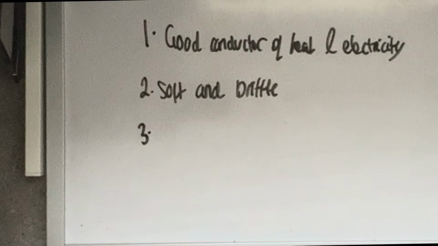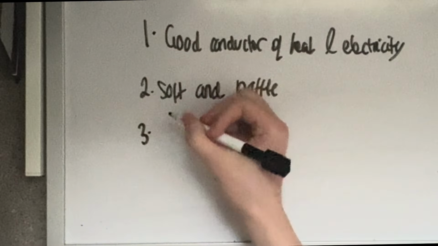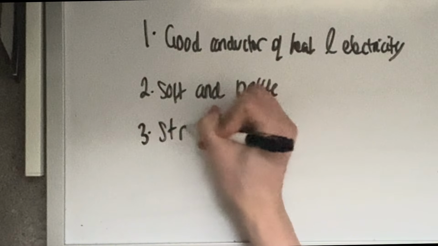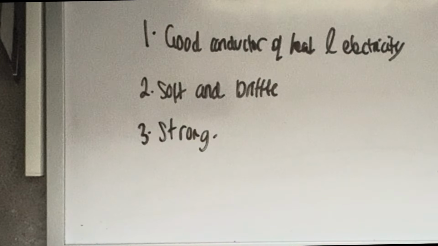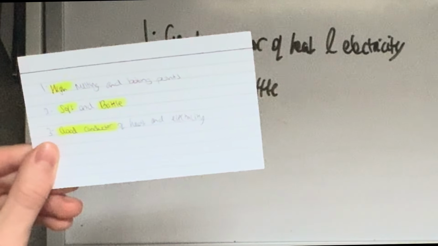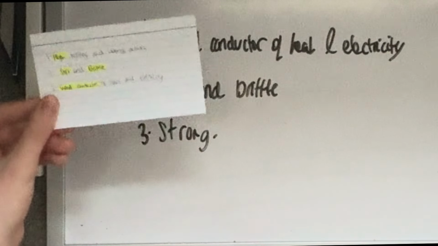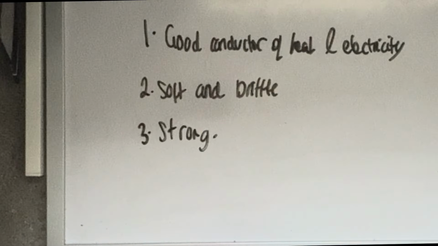Number 3, oh no, I forgot it, so I'm just gonna guess. I'm gonna say it's strong. Just gonna say that. Don't know it. But now we can go to the flashcard. High melting point. Look, I forgot that. Soft and brittle. Strong wasn't supposed to be there, so I'm not gonna rub it out.